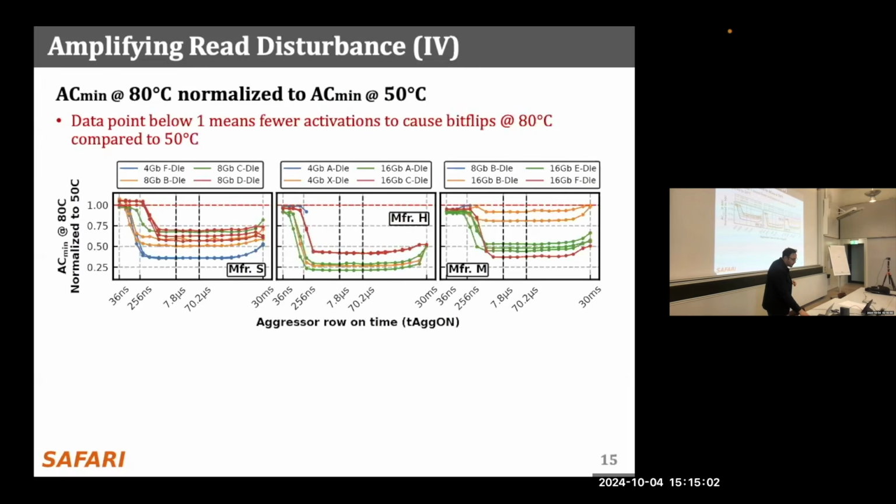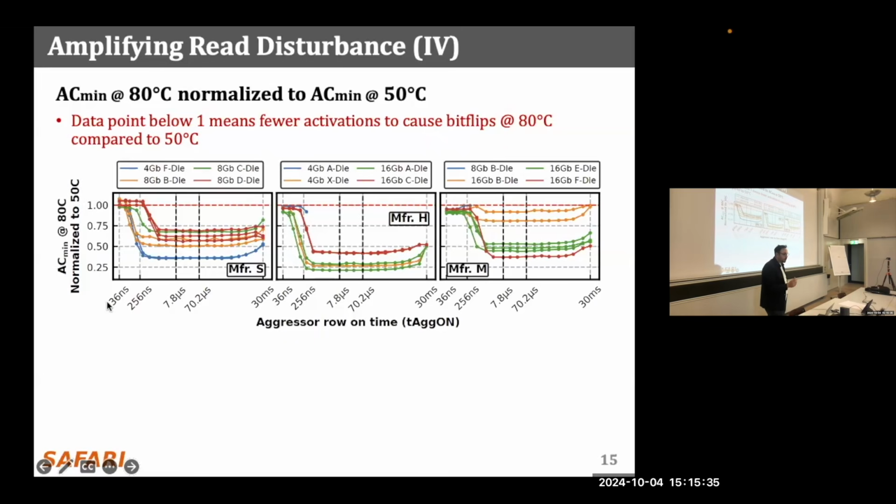Okay, so here we look at the effect of temperature. Any data point below 1 means fewer activations to cause bit flips. On the y-axis, again, we have the ACmin, but now it's normalized. We run our test at 80 degrees Celsius, and then we normalize the value to the value at 50 degrees Celsius.